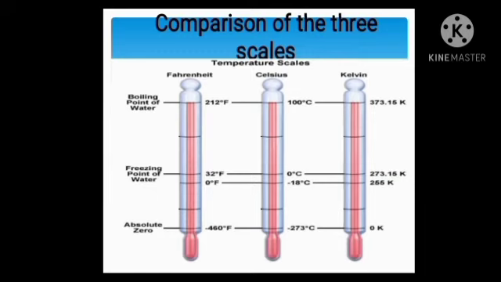Pag sinabi nating absolute value, so hindi yun negative number. So, 0 talaga. So, pag sinabi nating absolute 0, ito yung temperature or yung point kung saan yung molecules ng object is as in wala siyang movement. Kahit vibration talaga, wala. So as in, steady, nakastop yung molecules ng object.